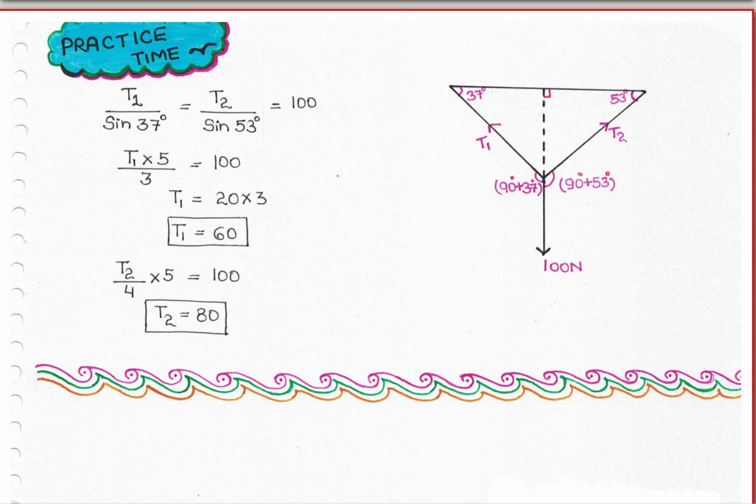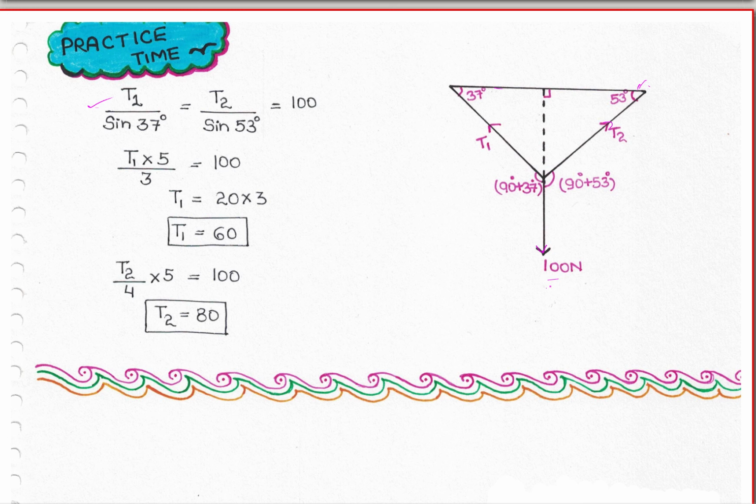And here is a simple problem. If T1 is equal to this, T2 is equal to this, and T1 makes an angle 37 degree with the horizontal axis, and T2 makes an angle 53 degree with this axis, what will be the net force along this direction?